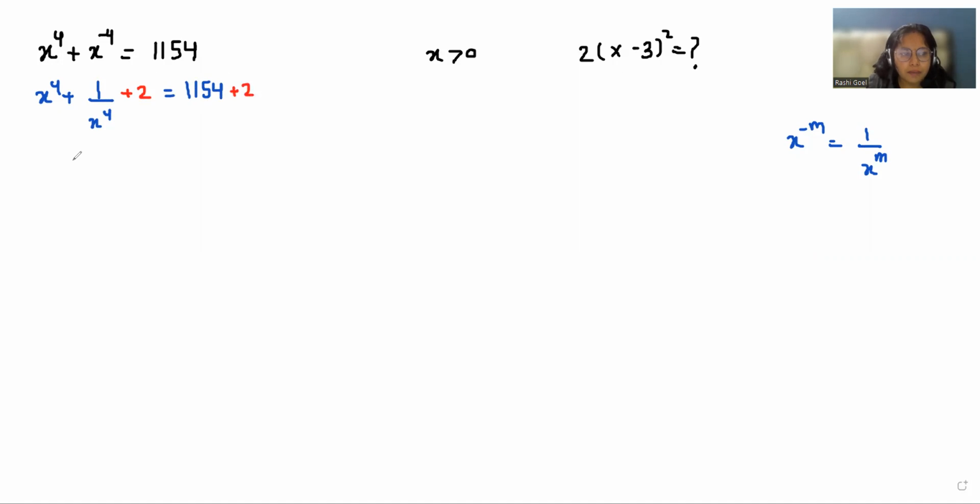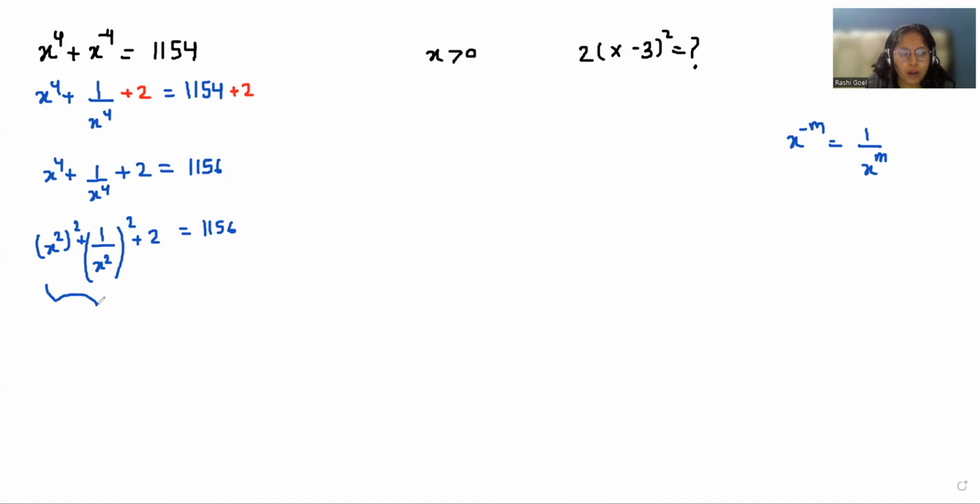So the equation becomes x^4 + 1/x^4 + 2 = 1156. Now x^4 we can write as (x^2)^2, similarly 1/x^4 as (1/x^2)^2, plus 2 equals 1156.